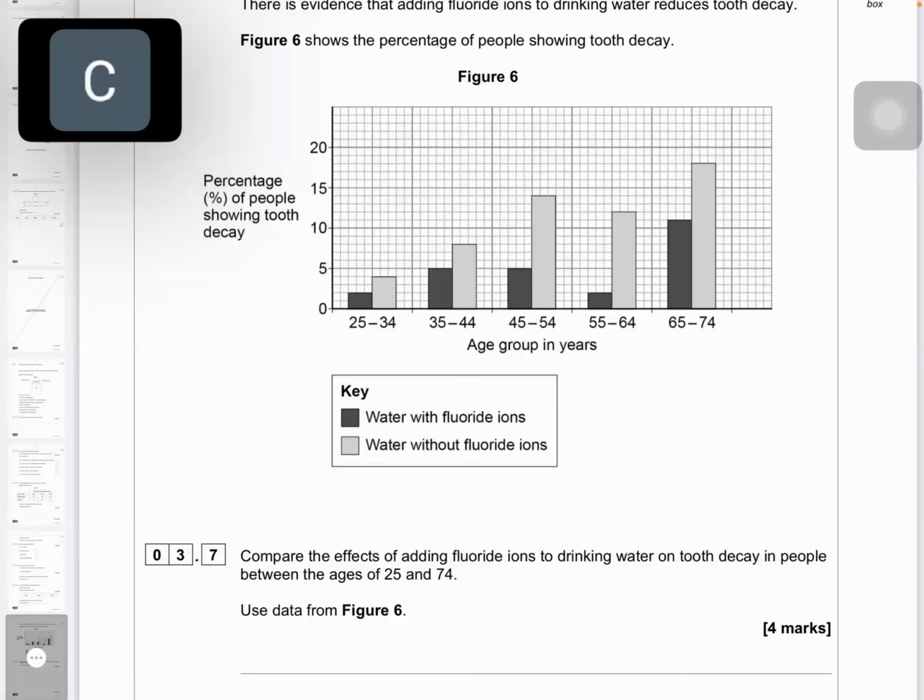Yes, there's a higher reduction there. Okay, I think we can move on.